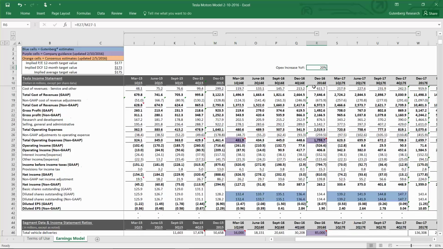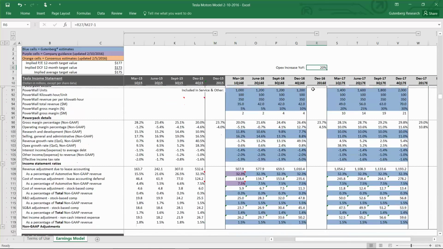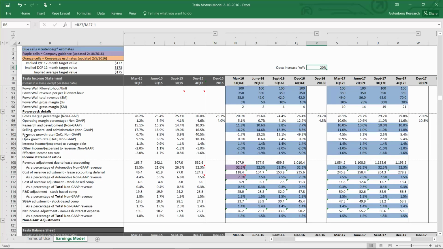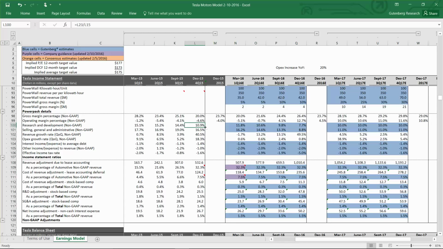And the way that we got there, if you scroll down to our ratio section below the deliveries, we have research and development and selling and general and administrative expenses as a percentage of revenue. So for R&D, our fourth quarter R&D was actually much lower than what we had originally anticipated, and our SG&A was slightly higher.